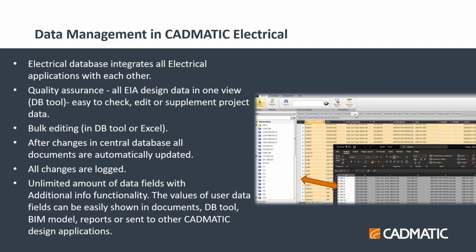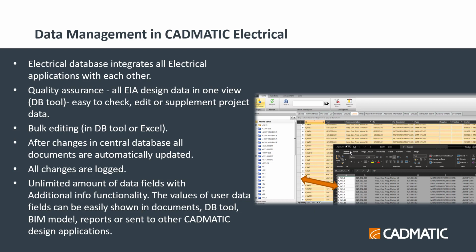So it is easy to check or to supplement or to edit the project data. In addition, we have bulk edits. So you can change, for example, cable types in the database, or you can even use Excel to change, for example, cable IDs or load IDs or whatever you need to change.